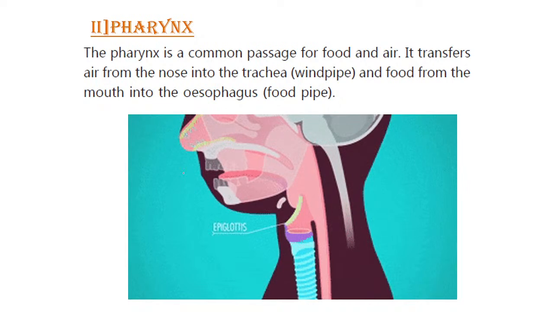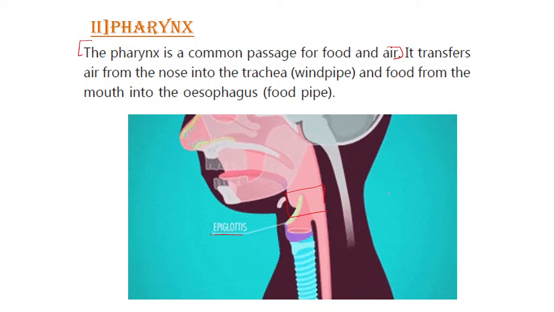Now let us see what is the pharynx. The pharynx is actually a common passage for both food and air. Can you see this part? That part is called the pharynx. At the end of the pharynx, you will find a structure called the epiglottis, a flap-like, lid-like structure which opens and closes the mouth of the windpipe and food pipe.